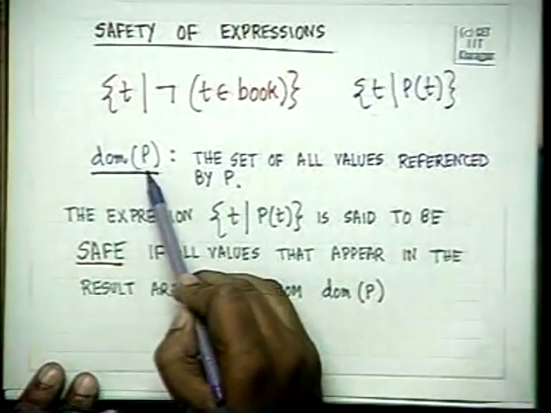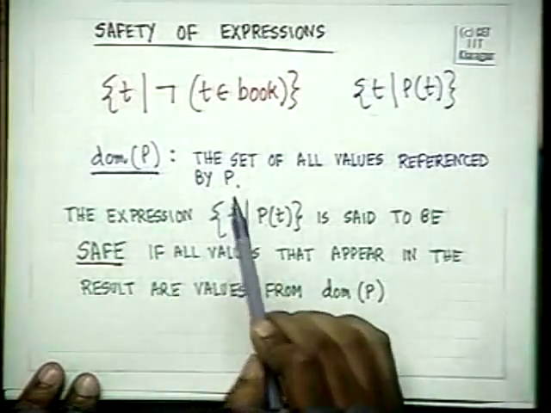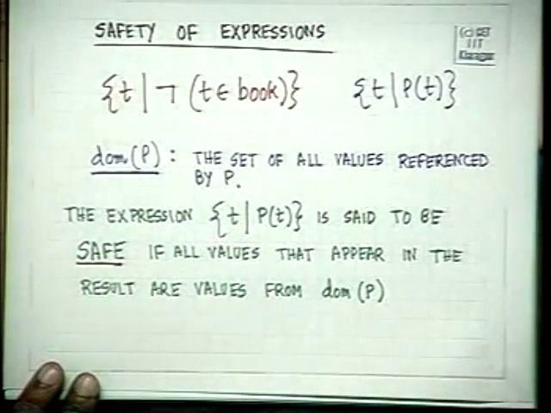That is, in the predicate P, I will use a set of relations, and I may use a relation 5 times. The Cartesian product of all the relations which I use is called the domain of P. If I use it 2 times, then twice. That gives me the domain of that particular relation.